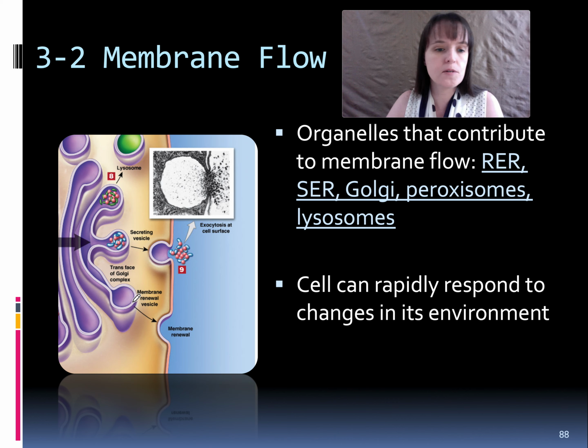Like, say you need more insulin receptors on the surface of the cell. So you build more cell membrane and you just completely stud it with insulin receptors. And then you add that to the cell membrane.